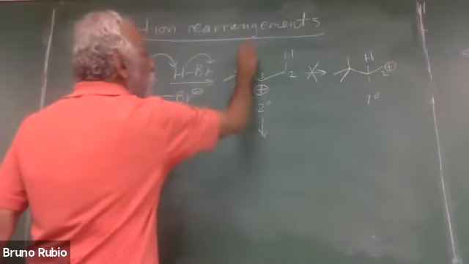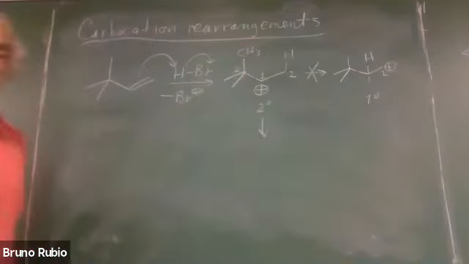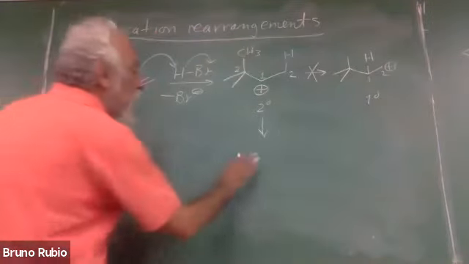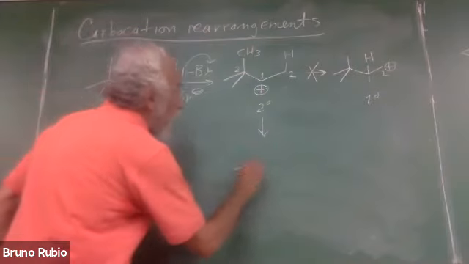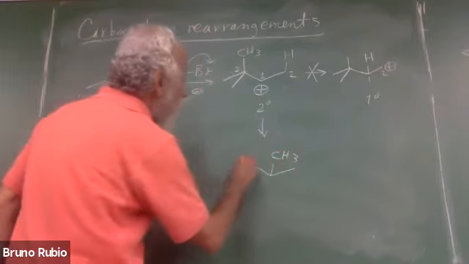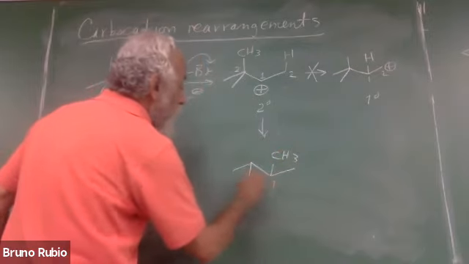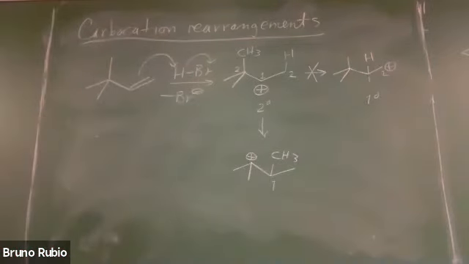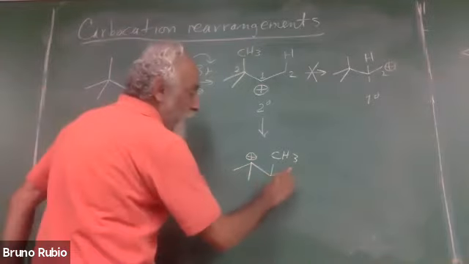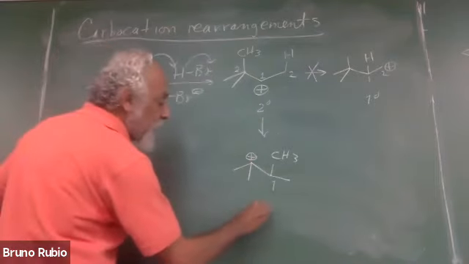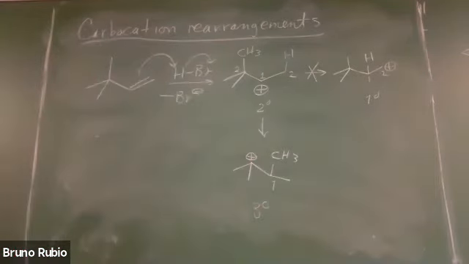Something bonded to carbon 2, a methyl group, is going to pull out of carbon 2, and it's going to plug into carbon 1. And the charge is going to move from carbon 1 to carbon 2. Well, that makes a lot more sense, because what I'm doing here is going from a secondary ion to a tertiary ion.